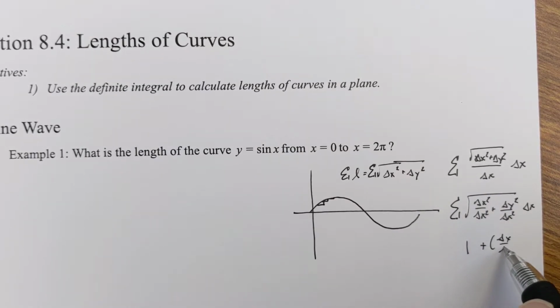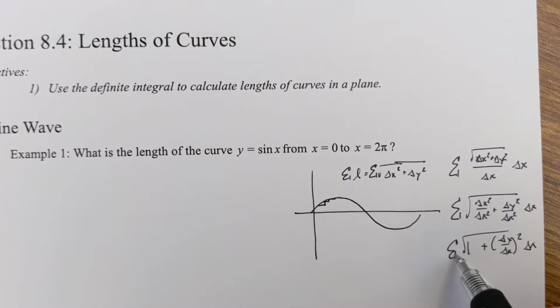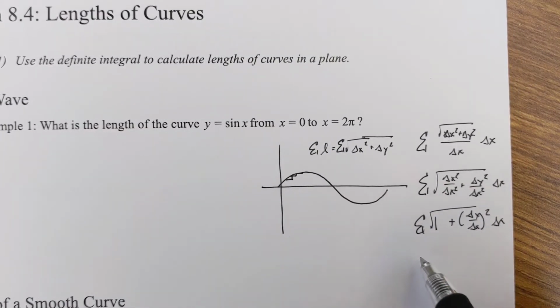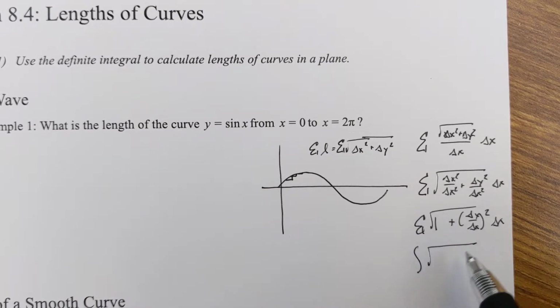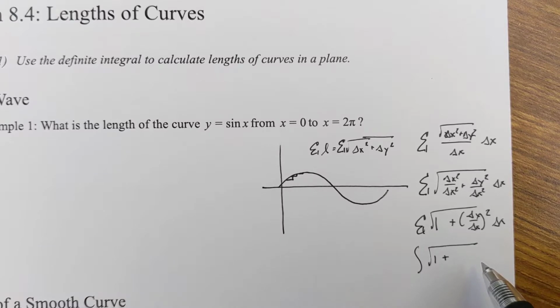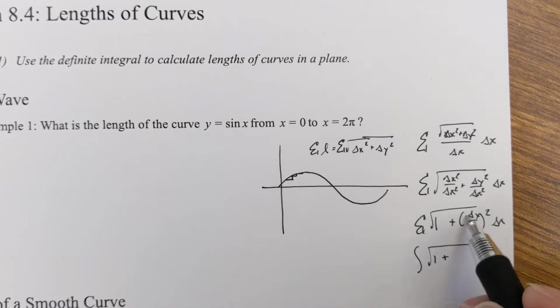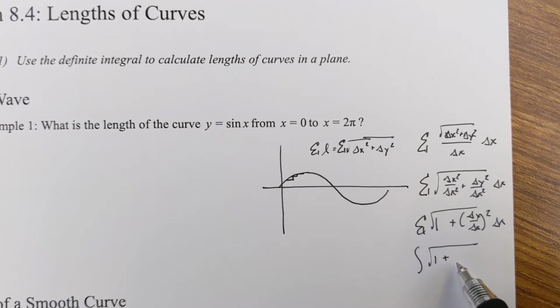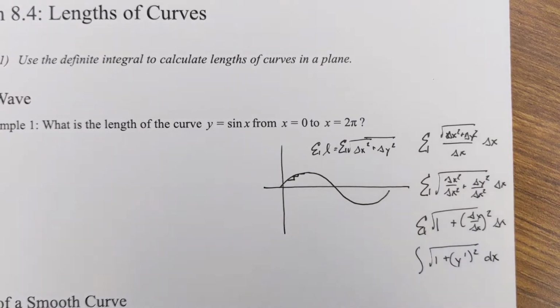That's delta y over delta x all squared. So I have this. Now, it's the same thing as this. So this is the derivative. So that's the square root of 1 plus y prime squared dx.